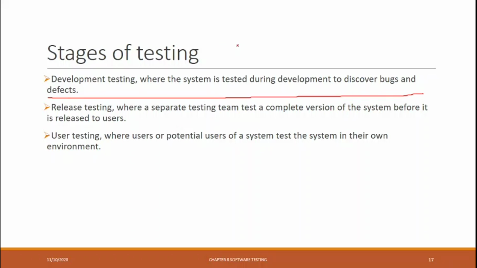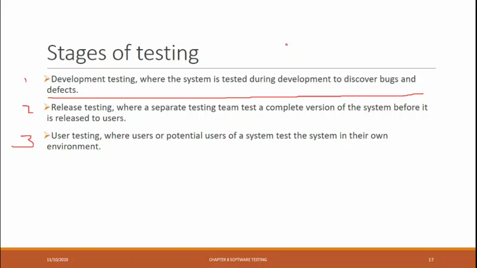Once rectified, the product has to go through the same procedure, stages 1, 2 and 3, again. Even then, if they find any errors, they return the product to the previous stages to rectify them. In development testing, the customer is not involved.